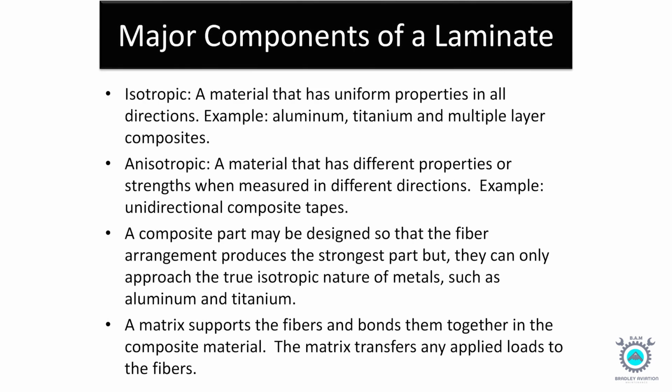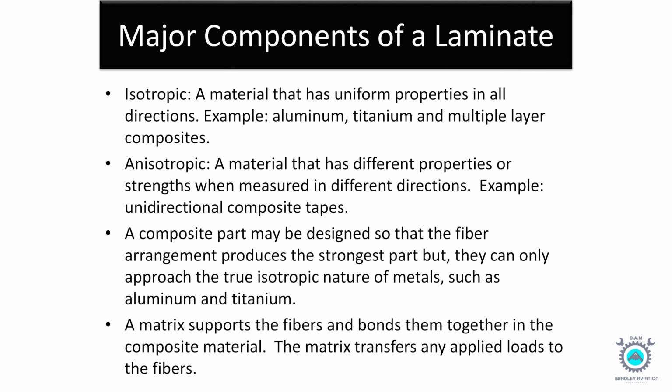Major components of a laminate. Isotropic: a material that has uniform properties in all directions, for example aluminum, titanium, and multiple layer composites. Anisotropic: a material that has different properties or strengths when measured in different directions, for example unidirectional composite tapes.